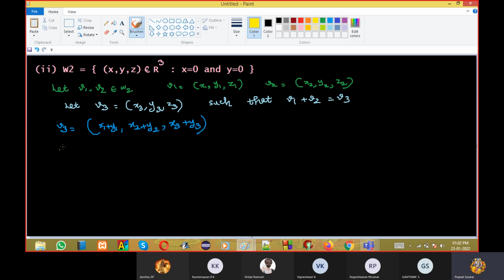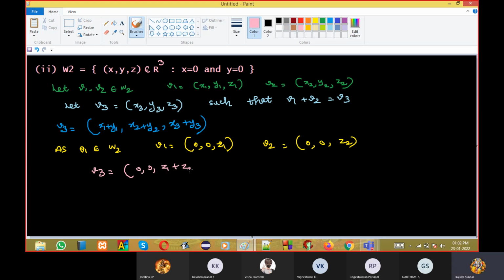Look at this carefully. As v1 belongs to vector space w2, I can say v1 will be equal to 0, 0, z1 alone. v2 will be 0, 0, z2 alone. Now you add both. You will get 0, 0, z1 plus z2.